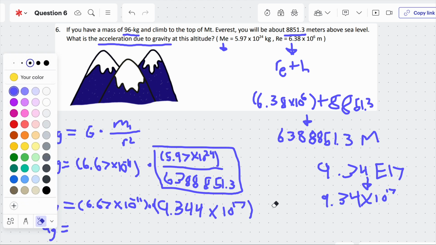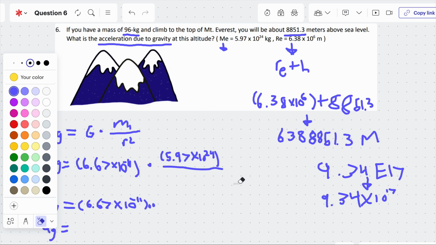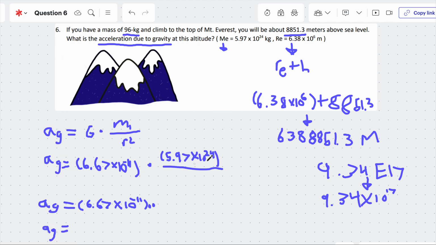Okay, so backing it up. I was like, holy, our acceleration of gravity should not be this big, and it shouldn't, and that's because we've got to plug in this value, 6388851.3, and we got to square it. I forgot to square it. Oh my gosh.